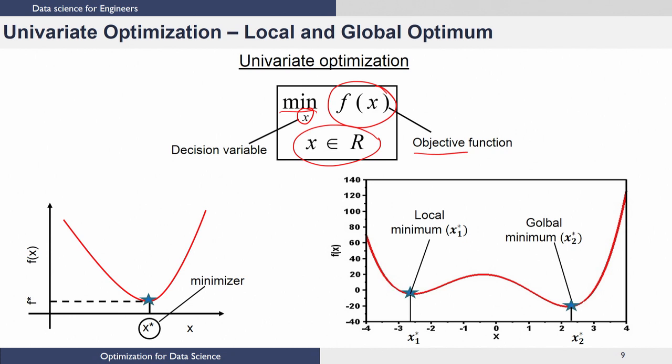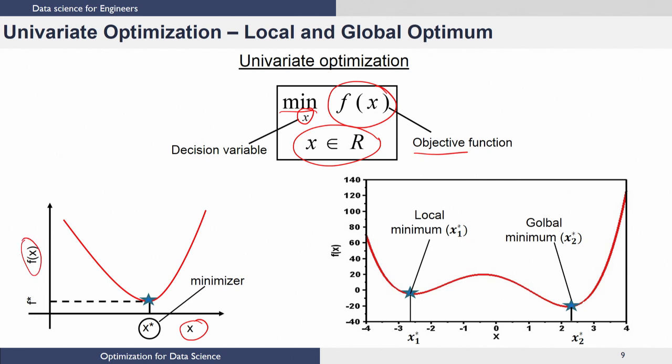Since this is a univariate optimization problem, x is a scalar variable and not a vector variable. Whenever we talk about univariate optimization problems, it is easy to visualize in a 2D picture like this. In the x axis we have different values for the decision variable x, and in the y axis we have the function value.